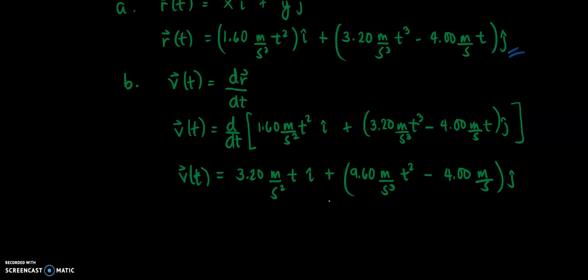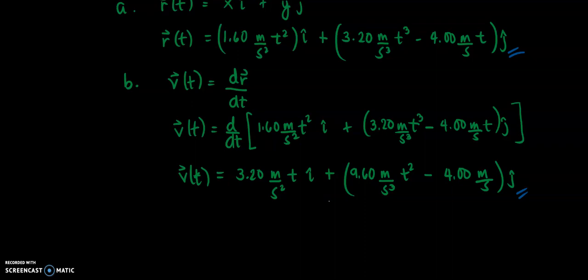So again, the velocity vector is 3.20 meter per second square t i hat plus the quantity of 9.60 meter per second cube t square minus 4 meter per second j hat.